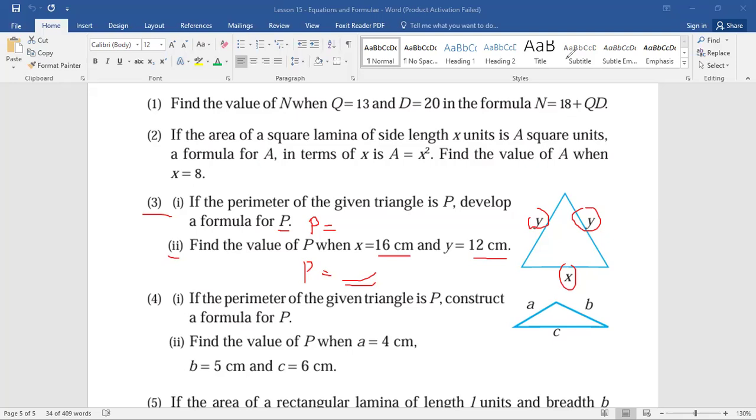5 seconds has gone. 10 seconds. 15. 20. Okay. 30 seconds is up.